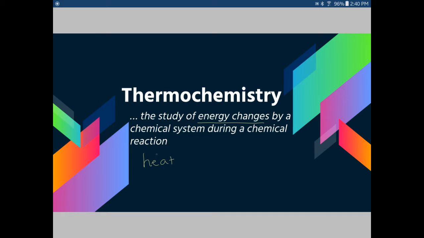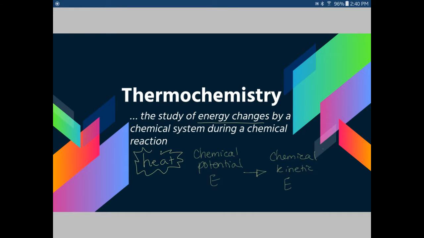Now, in thermochemistry, thermo meaning heat, okay, we're going to look at energy changes from chemical potential energy changing into chemical kinetic energy.